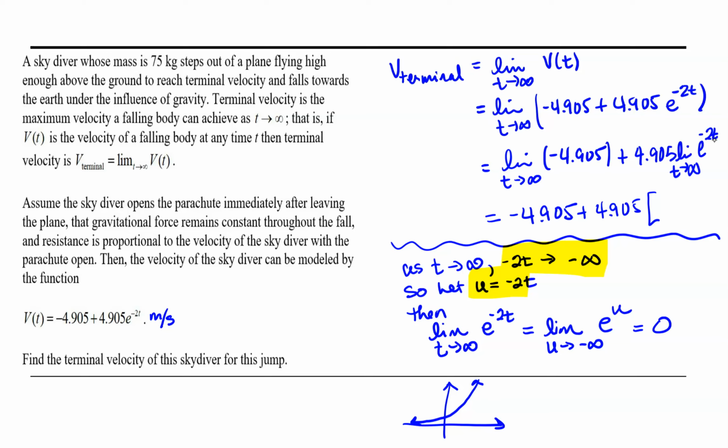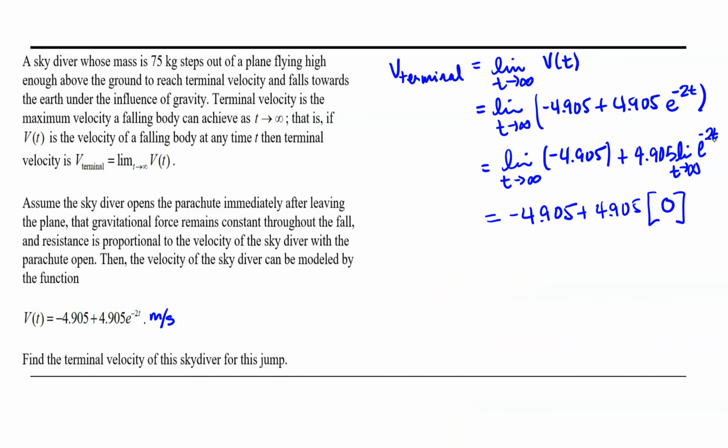So we now know that the limit as t approaches infinity of e to the negative 2t is in fact 0. So simplifying this expression, we get negative 4.905 plus 0, or just negative 4.905 meters per second.